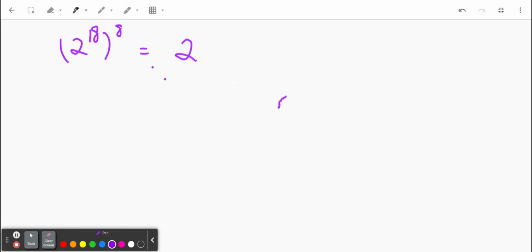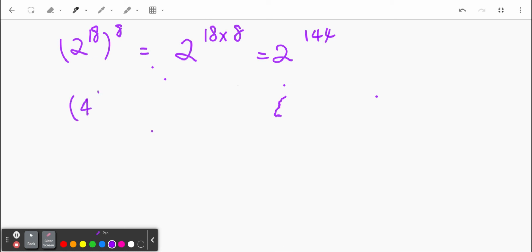Number 11. 2 to the power, what are you supposed to do with the exponents? You multiply, you add. Which one? 18 times 8. Then you get 2 to the power 144.